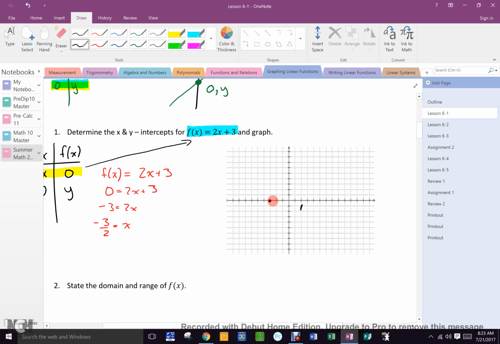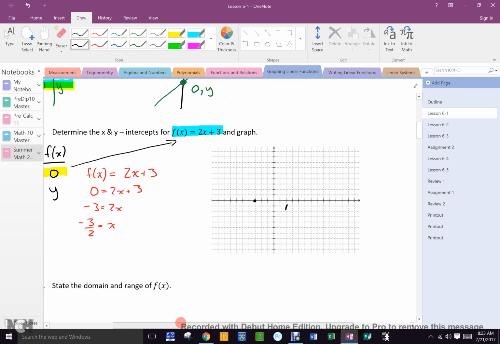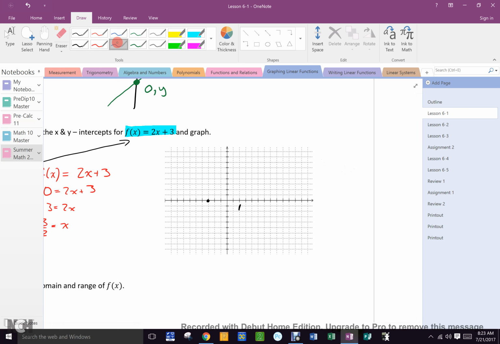The reason I have done that is because fractions make it difficult to graph. Well, 1 square is worth a half, and I need 3 halves. So I went out 1, 2, 3. Got it? All right. Now, over here, I have f of x equals 2x plus 3.